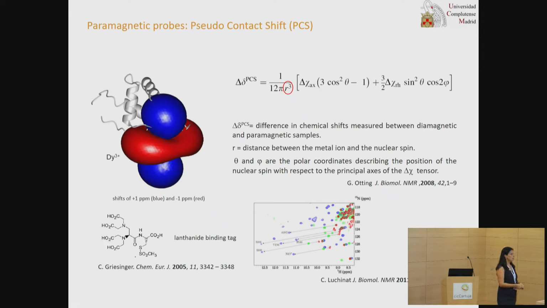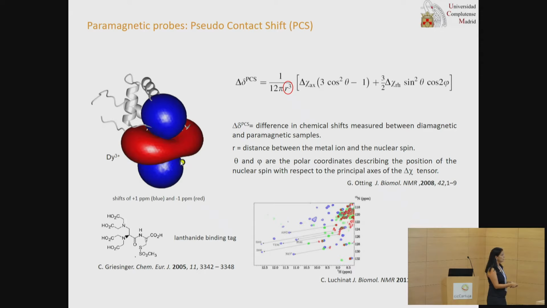In the NMR, when you have a paramagnetic ion, signals move a lot, and this movement is called pseudocontact shift. The pseudocontact shift arises from the dipolar interaction of the unpaired electron of the metal with the nuclei in the vicinity of this metal. The effect can be visualized with these isosurfaces. This surface is the area in the protein that is affected by the paramagnetic ion.